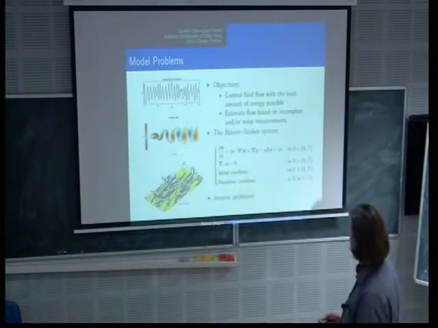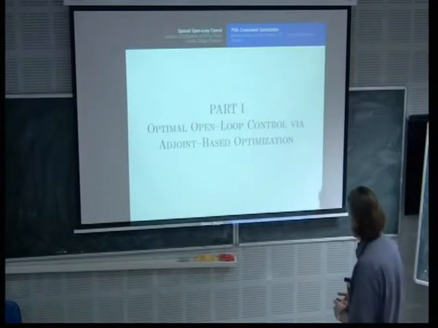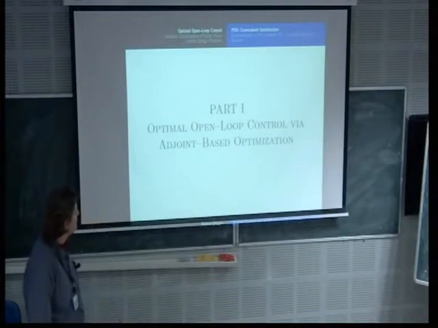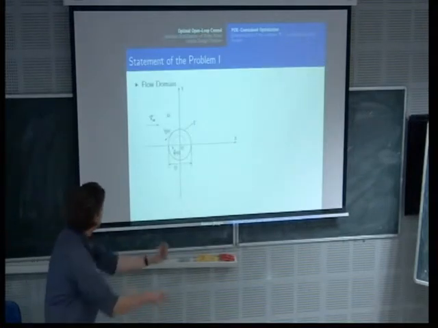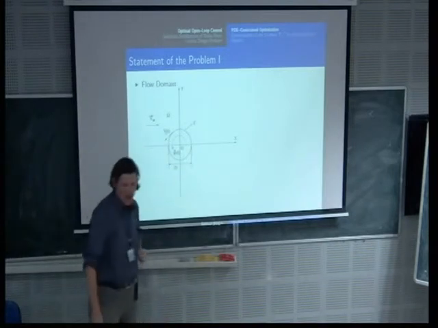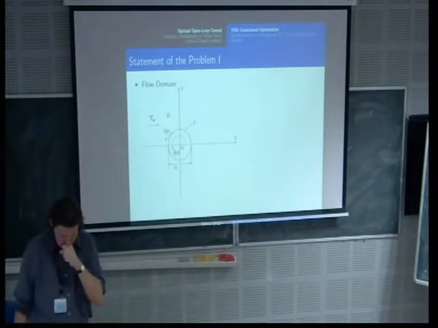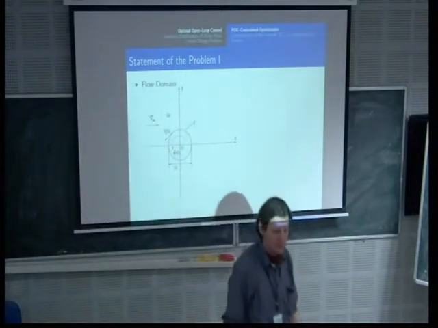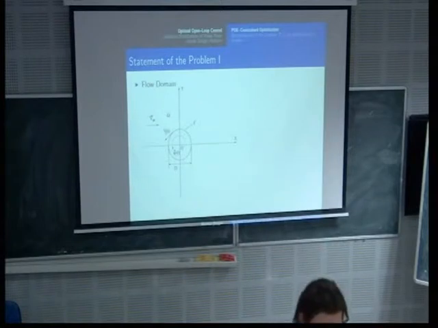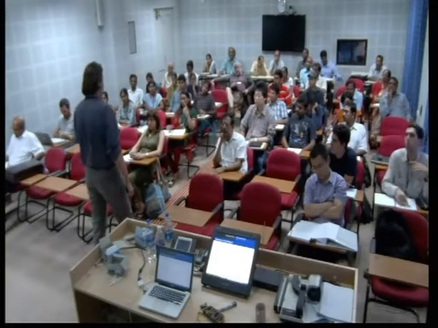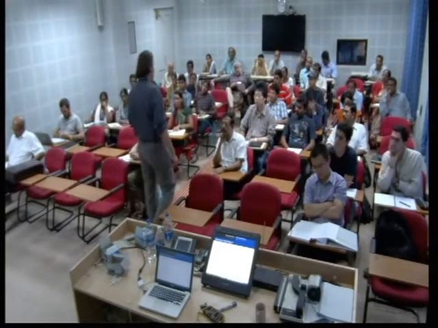All right. So yes, part one, open loop control via adjoint-based optimization. So here is the setup of the problem. Domain is infinite. We have an obstacle, and well, if we want to set up a control problem, first we have to think about what sort of actuation we are going to use, namely how the control authority will be exercised on the flow.